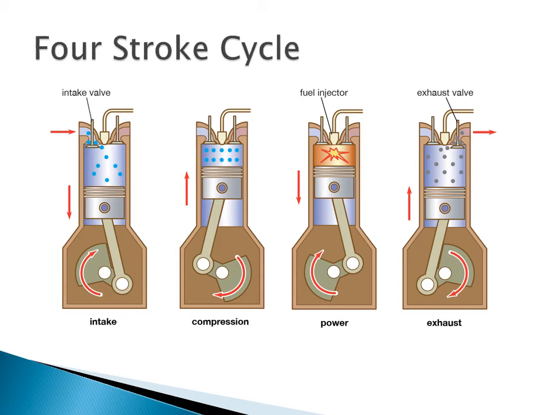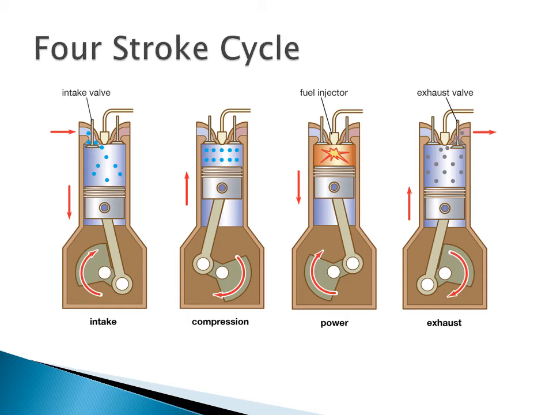I do want to point out that, because this will be a test question, you'll notice that in a cycle, the intake valve and the exhaust valve will each only open one time, and they never open at the same time.